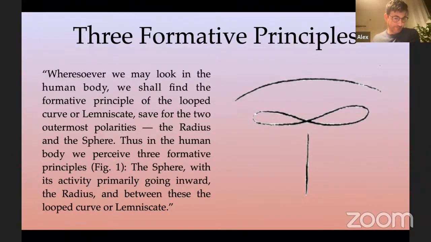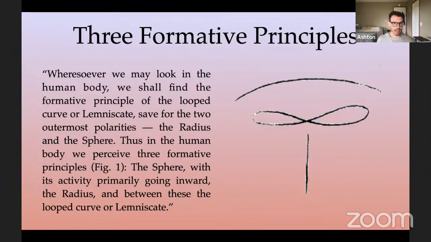Cool. Okay, so lecture 12, we're continuing to deepen this approach of integrating the human form with the cosmic movements. In the last chapter, Steiner emphasizes the polarity of radius and sphere.